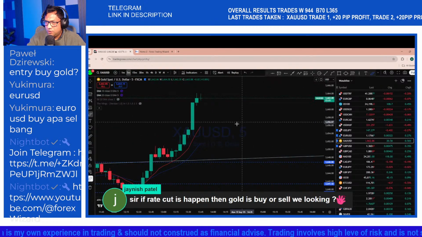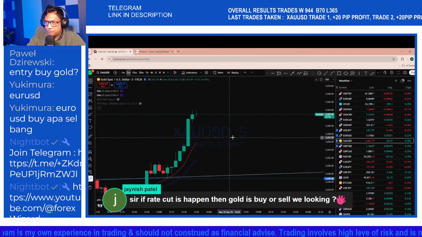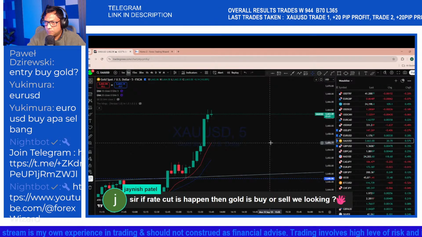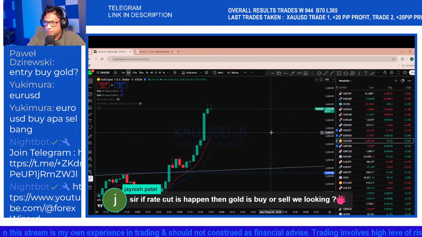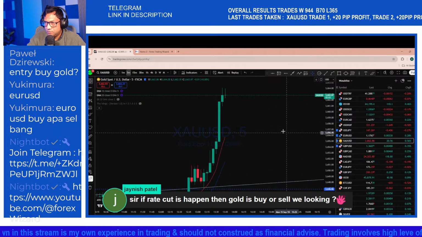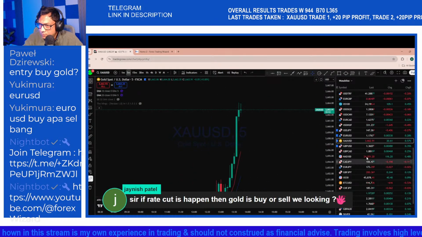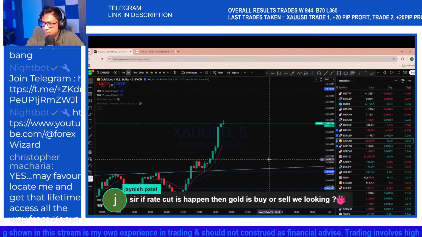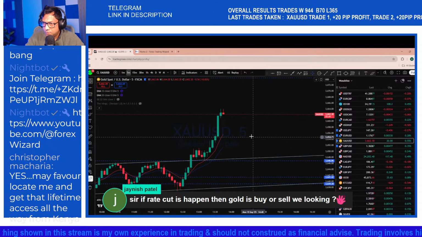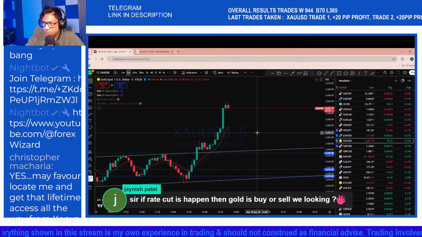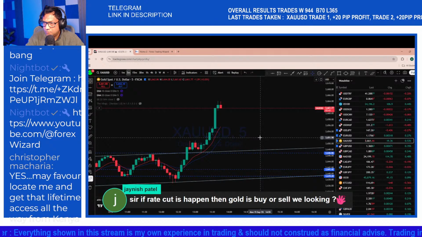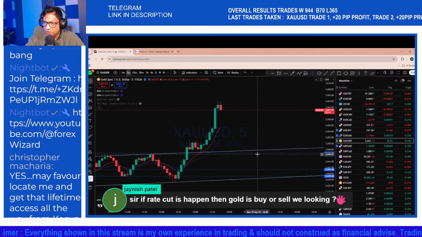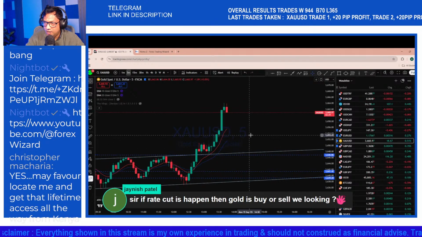Here is the support level. The market is approaching that key level of support.